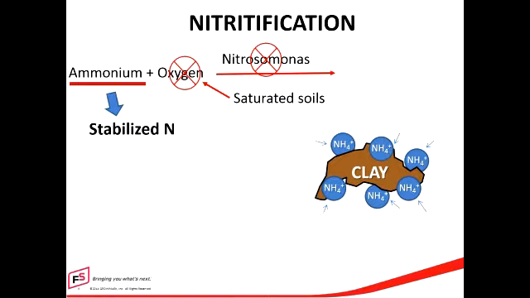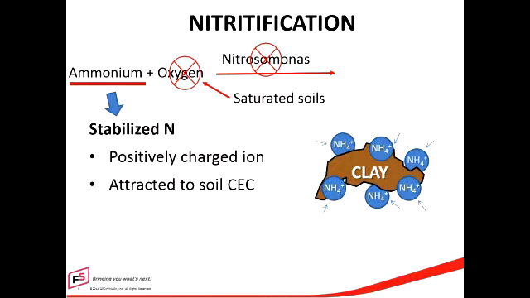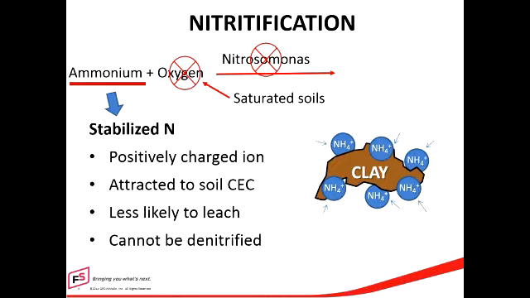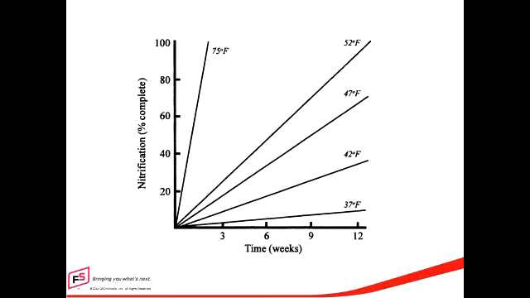And no, it's not going to be lost through denitrification, and it's not going to be lost through leaching if it's a medium to heavy texture soil. So what we have is a positively charged ion that's attracted to the soil surface, making it less likely to leach and impossible to denitrify. So that's kind of good, except for the fact that you have a saturated soil.